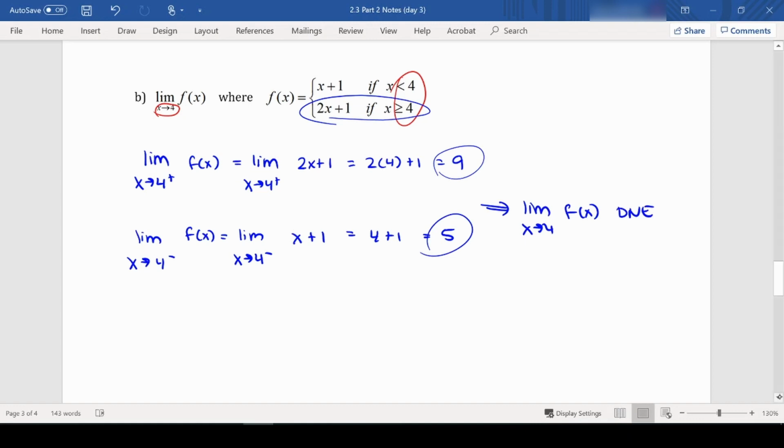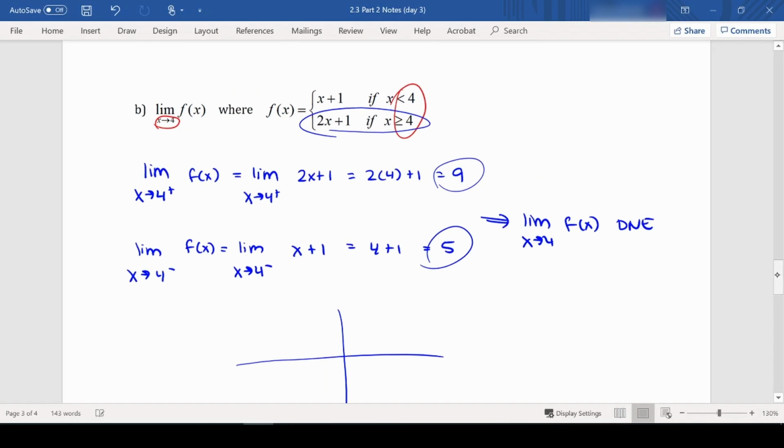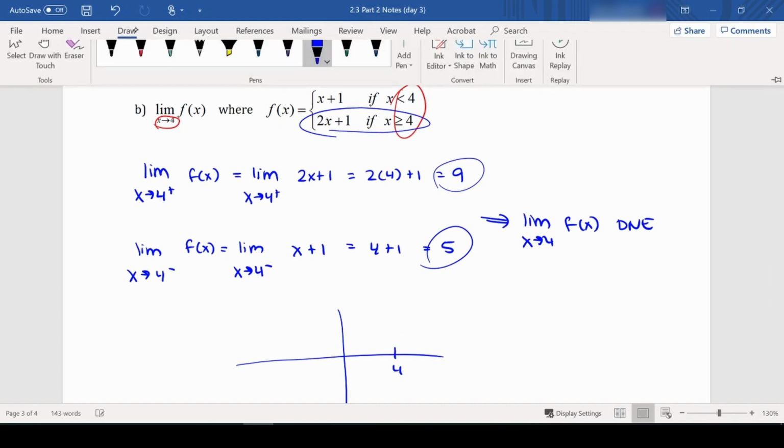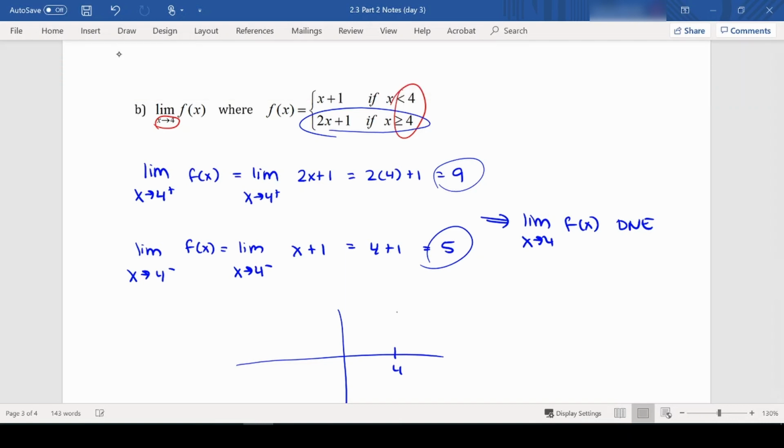And again, if we think about this graphically, this should make some sense. Okay, we've got an x value of 4 here. If we're bigger than 4, we're equal to 2x plus 1. If we're smaller than 4, we're equal to x plus 1. Okay?